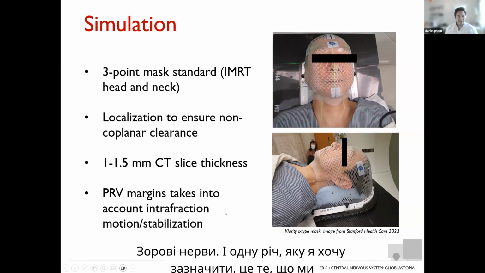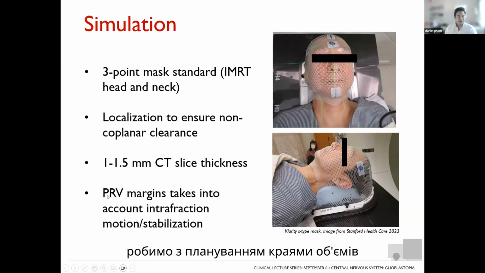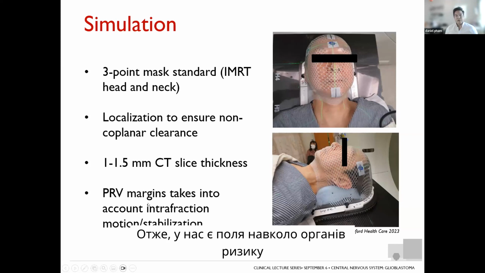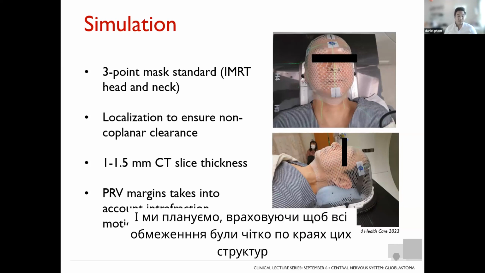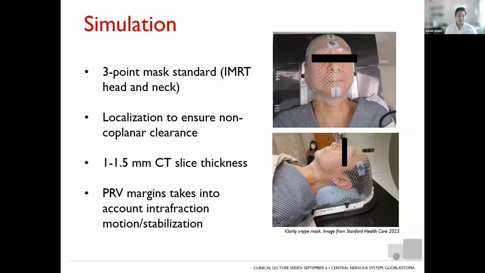One thing that I do want to point out is that we plan with planning risk volume margins. So we have margins around our organs at risk, and we plan to ensure that our dose constraints are met to these margins around the organs at risk.